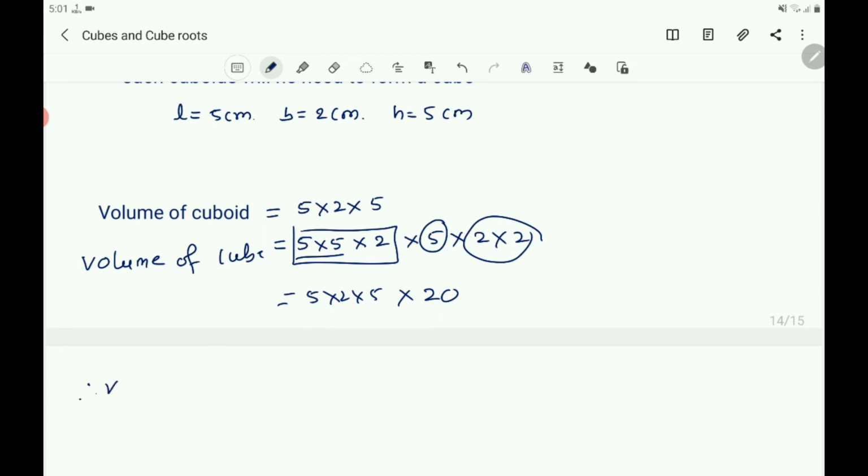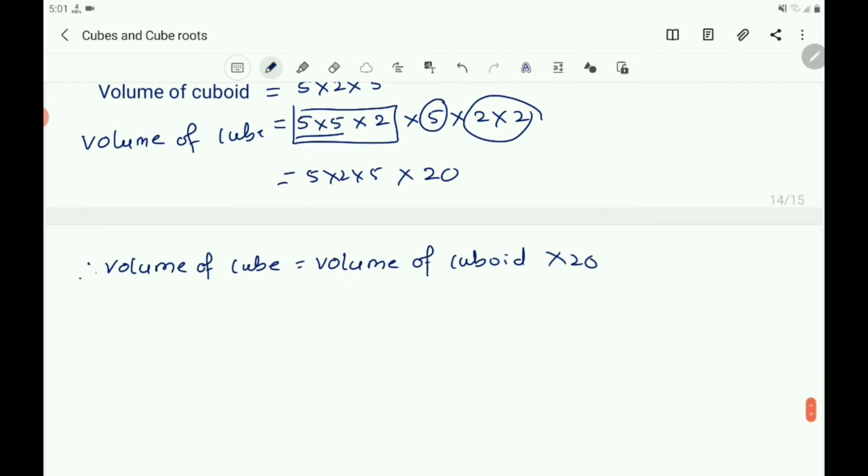Therefore you can have volume of cube equals 5 into 2 into 5, that is nothing but the volume of the cuboid, into 20, that equals 20 into the volume of the cuboid.